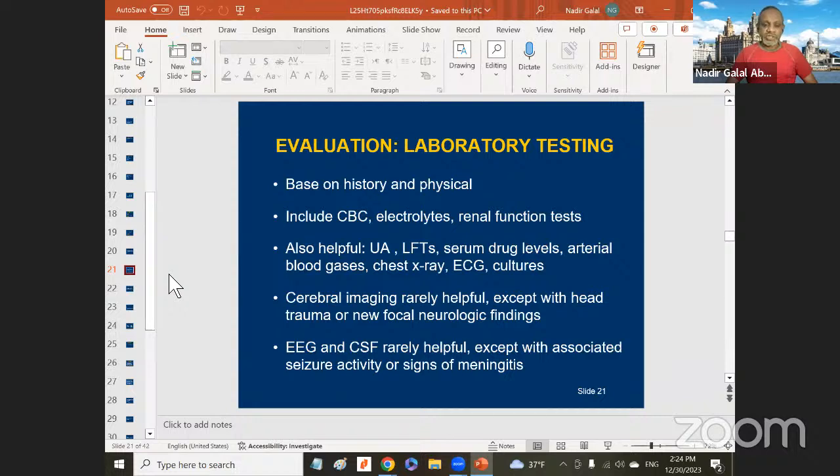You can check urine to rule out UTI or infection. You can do a CT scan to rule out any bleeding, for example, when a patient had a fall and they didn't report it, with your CT scan you may find some bleeding there. EEG can be used also in some patients.